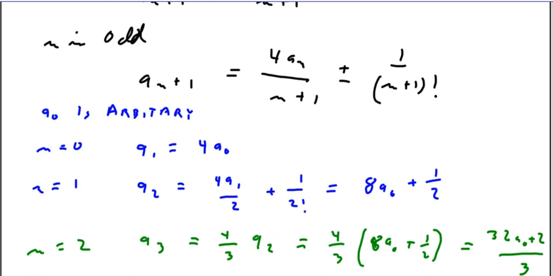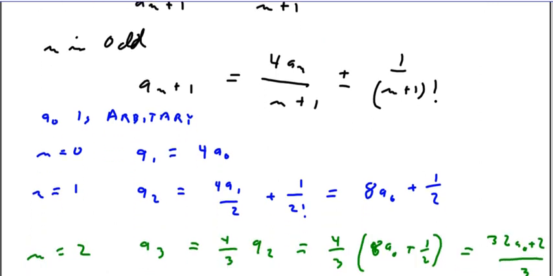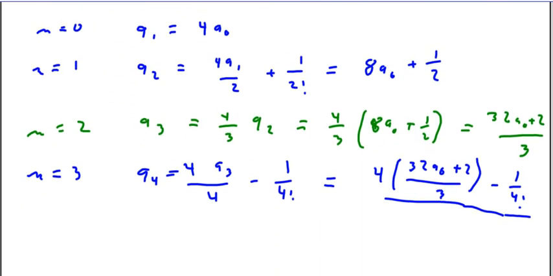Back to the recurring formula. Let's see. Minus 4 is minus 4 over 4 factorial. Okay, so the 4 factorial goes on the bottom, I think.